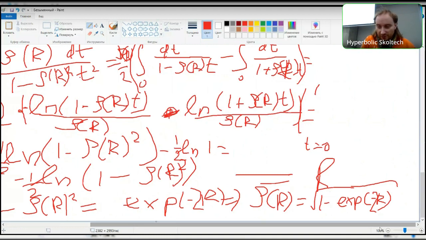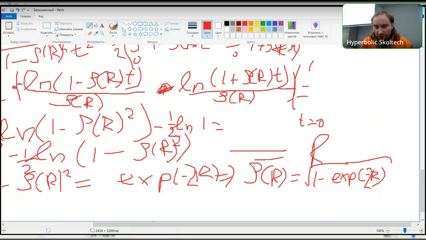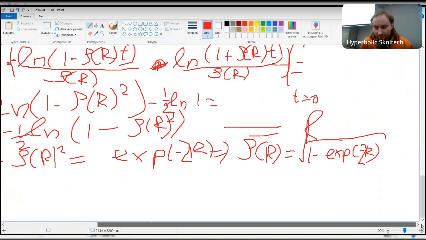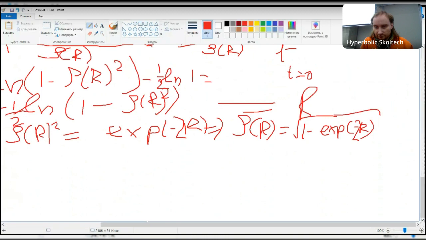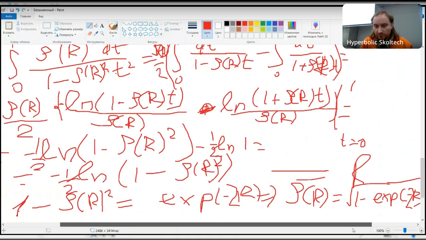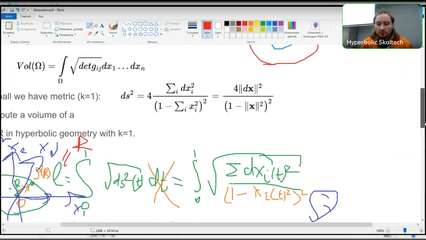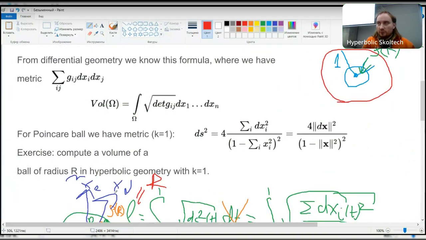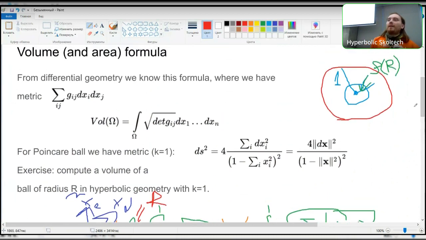Okay. So that's nearly exponential decreasing. So this describes the meaning of r. R is a radius of a ball. Then rho? Rho is a radius in the Euclidean model.